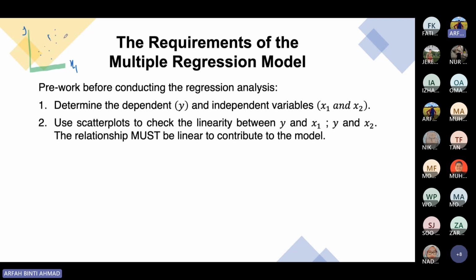Meaning that for the graph of y versus x1, you are going to get a linear line, a straight line. And then you have to plot x2 versus y as well. So you do the plotting, determine where the location of each data point is, and then check the relationship.